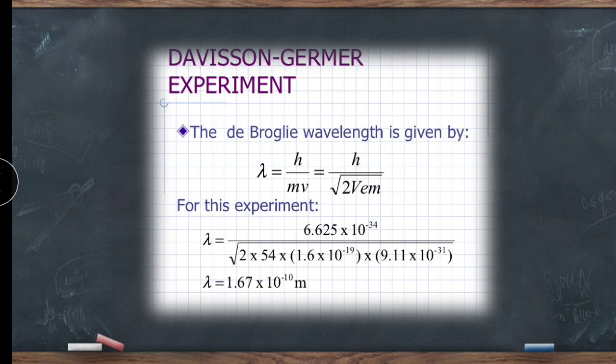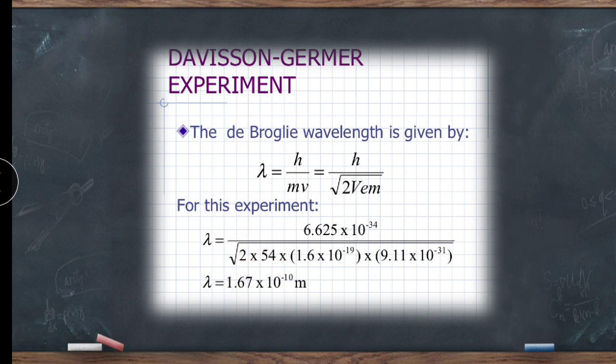What is the value of h? 6.625 into 10 raised to minus 34. What is the value of V? This is 54. What is the value of e? 1.6 into 10 raised to minus 19. And what is the value of m? 9.11 into 10 raised to minus 31. When we do this calculation, we get 1.67 into 10 raised to minus 10 meter, right?